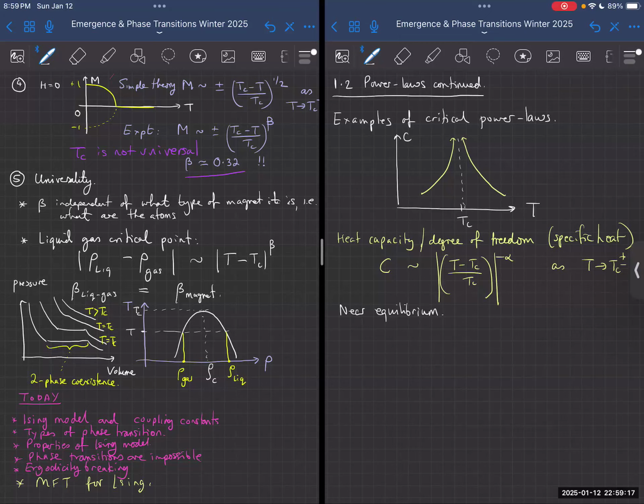So if we're near equilibrium, the example I'm going to talk about is the viscosity of a binary fluid. And the binary fluid is going to be near its critical point.